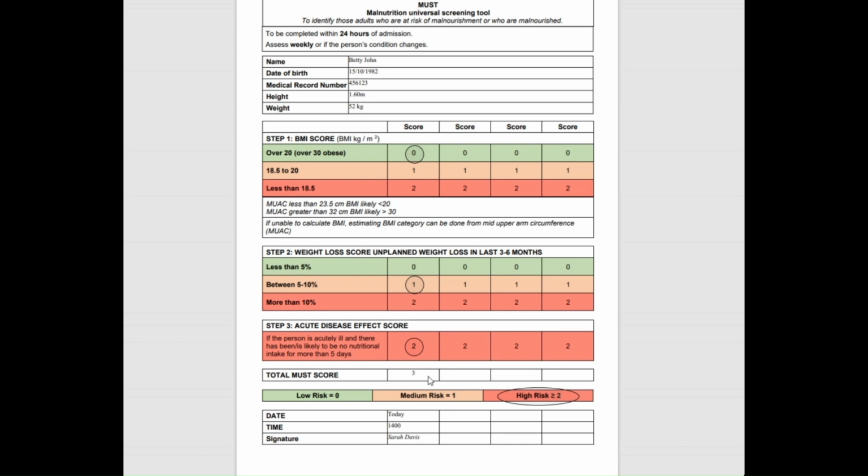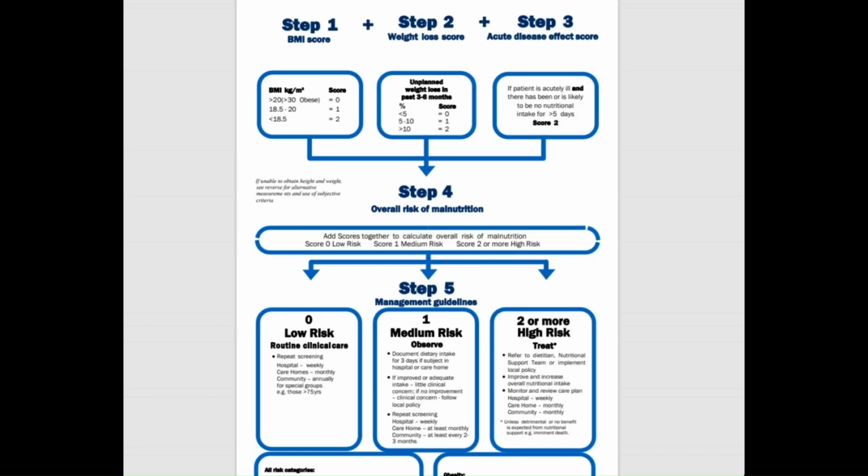After calculating the total MUST score and identifying the risk category, verbally propose a plan to improve nutritional intake. Now you can verbalize that the patient's BMI score is 0 and weight loss score is 1, and a score of 2 for acute disease effect is also added as the patient is not eating anything for the past 6 days. A total MUST score of 3 indicates that the patient is at high risk of malnutrition.